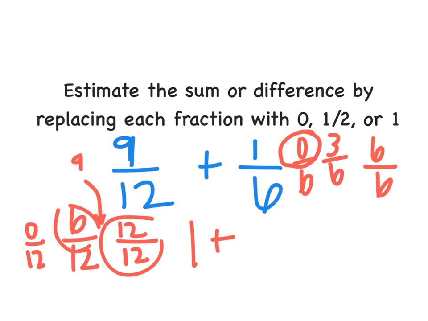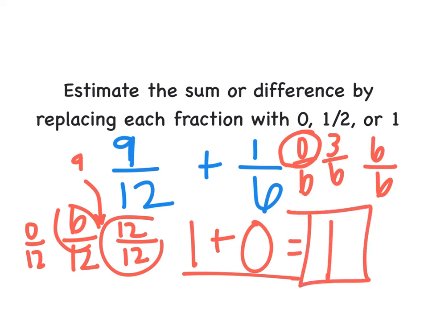You have to pick which fraction it is closer to. You only have two options when it's as close to one fraction as it is to the other. So in this case, 1/6 is closer to 0/6 than 3/6. So I'm going to replace 1/6 with 0, and 1 plus 0 equals 1. My estimation is 1.